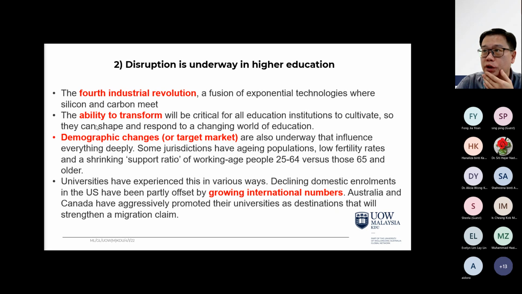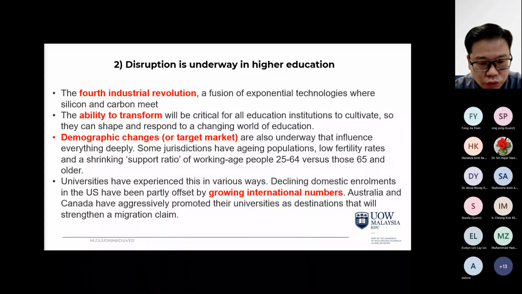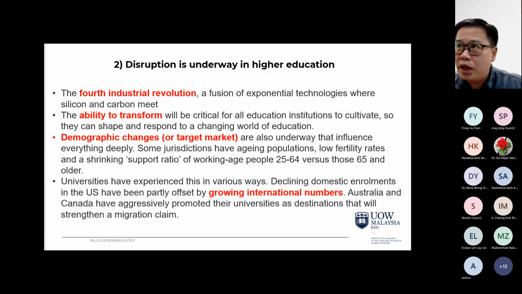We have to continue. As we have gone through the first aspect, the second one pertains to the disruption underway in higher education. There is very much a big disruption in higher education itself, and we as part of the players need to be ready and to adapt to it. Key points here will be the fourth industrial revolution, where technology is key.